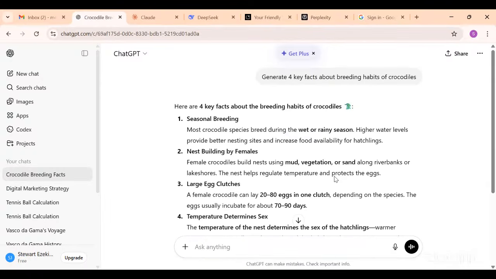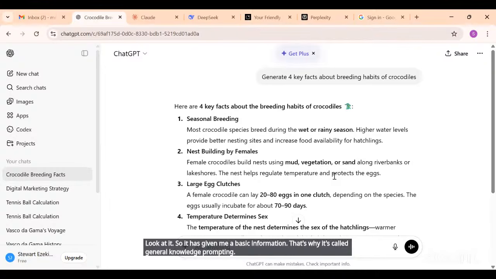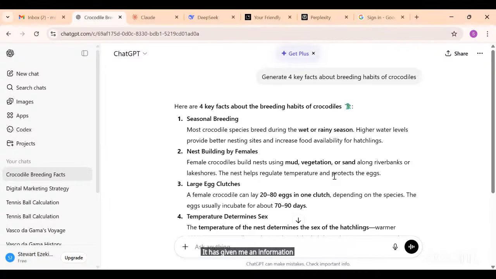Look at it. So it has given me basic information. That's why it's called generated knowledge prompting. It has given me the information that I need.